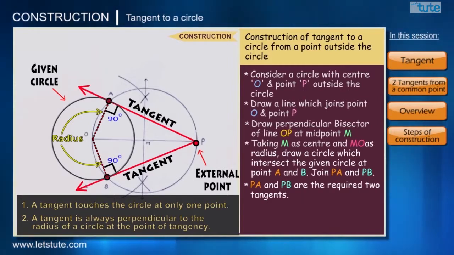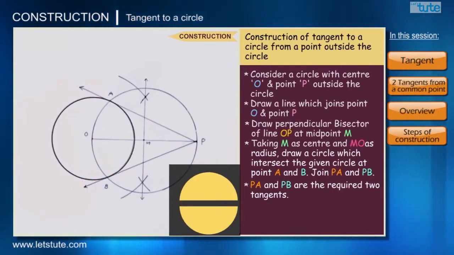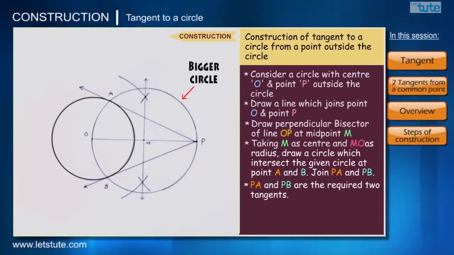So how do we prove that these tangents form an angle of 90 degrees with the radius of our given circle? Any circle can be divided into 2 semicircles. Now if you carefully notice this bigger circle, there are actually 2 semicircles in it, right? So let us consider first the upper semicircle. And do you recollect one very important property of a semicircle?